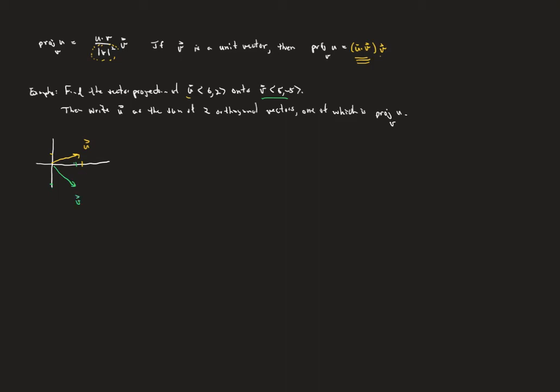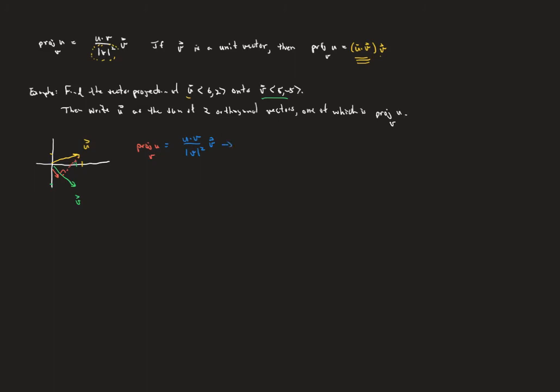We're going to project u onto v, and we're looking for this vector right there. That's our projection of u onto v. Remember, that's a vector. To find it, this vector is going to be u dotted with v over the magnitude of v squared times vector v. That's how we're going to come up with that vector.